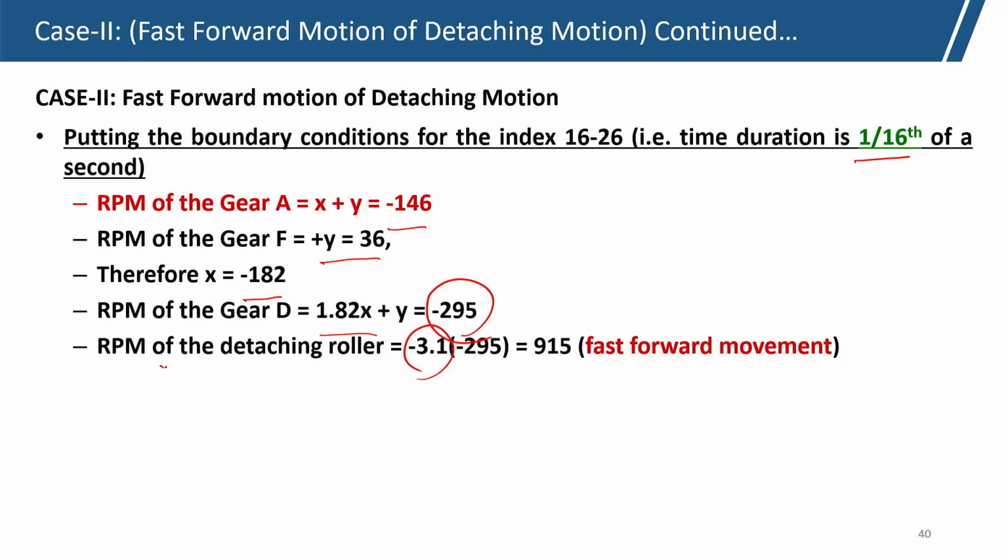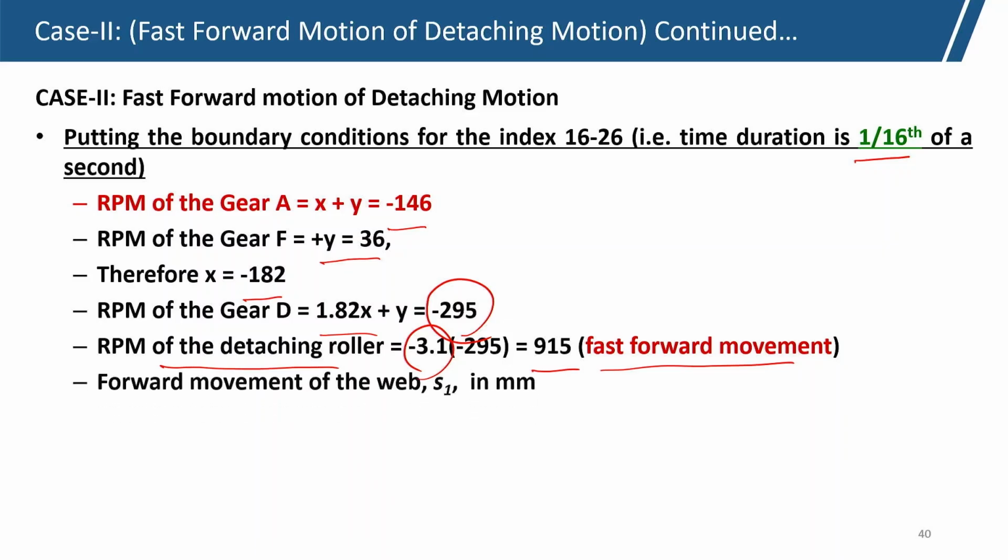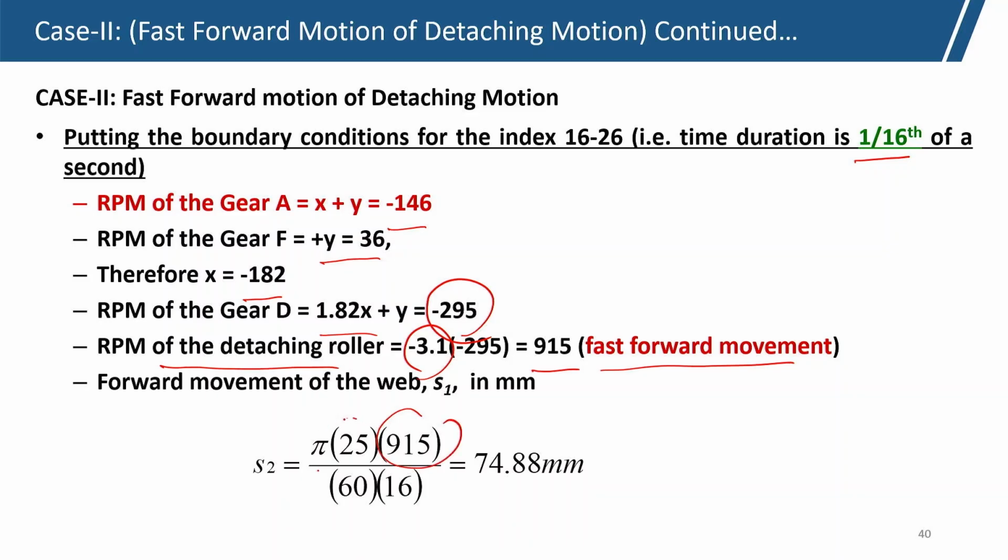So, detaching roller speed RPM will be plus 915, that is fast forward speed, and the forward movement S1 will be, that is, this is the speed here, pi d diameter and 1/16th of a second.